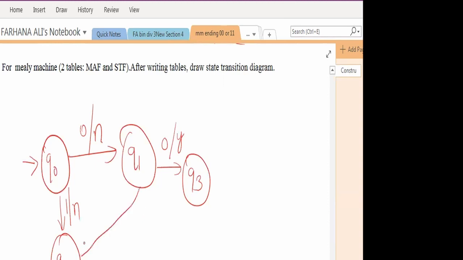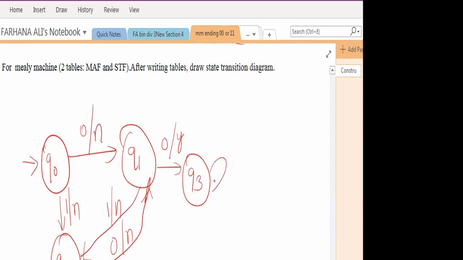Now Q1 on 1 is going to Q2 with the output no. Now Q2 on 0 it is going to Q1 with the output N. On 1 it is going to Q4 with the output yes. Okay.